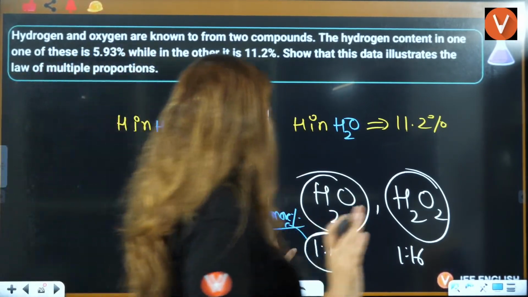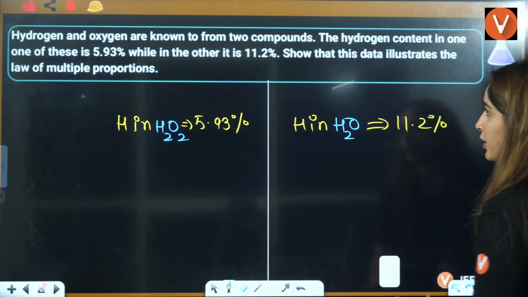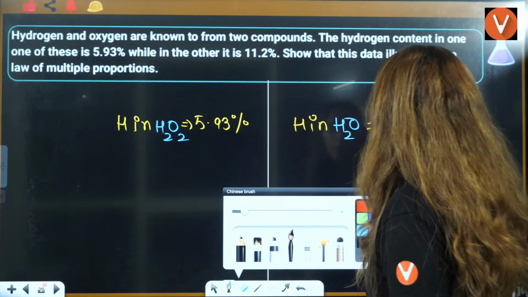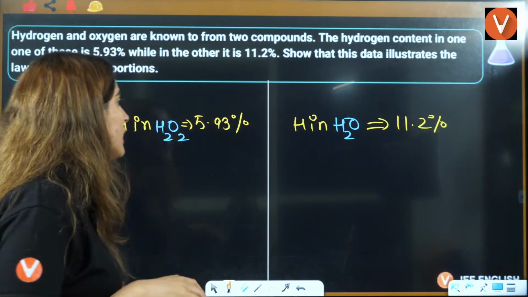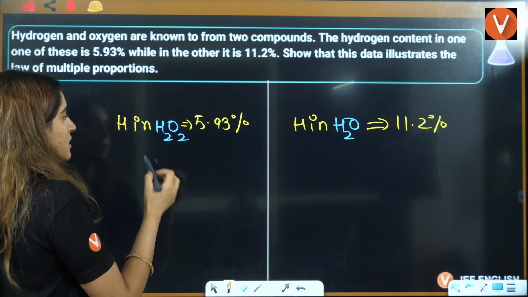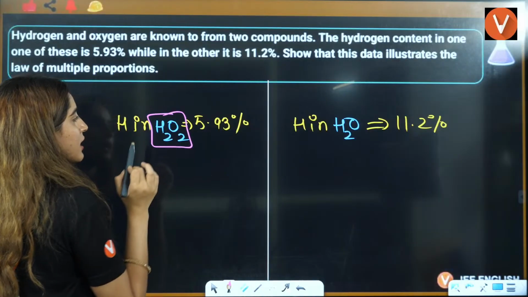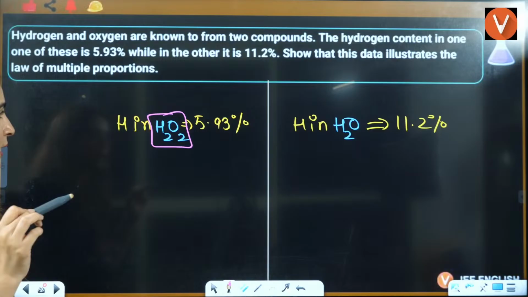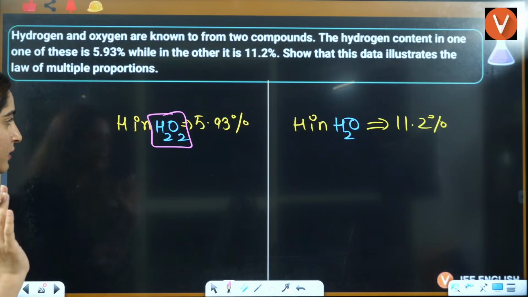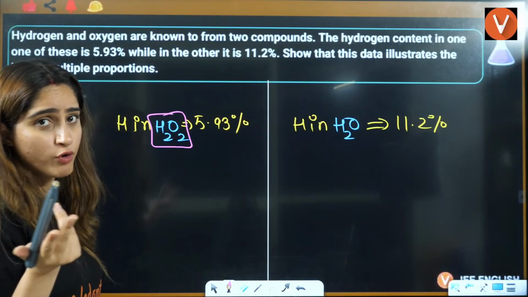Firstly, that thing should be clear in your head. Once this is clear to you, things are going to be easy. Now you just need to work out the data. Here I am fixing the hydrogen content, and you need to find how much oxygen you are getting from there.